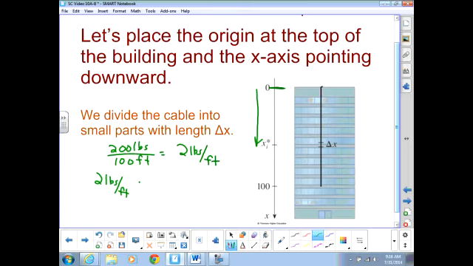So to get rid of the feet, we'll have to multiply by x feet, and that'll give us that our force function is 2x pounds.